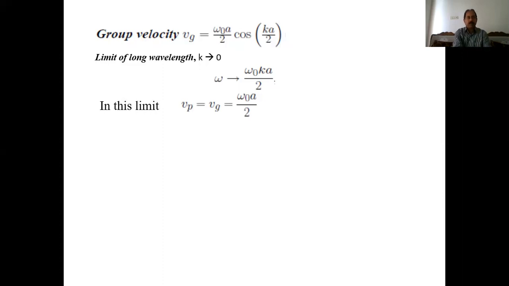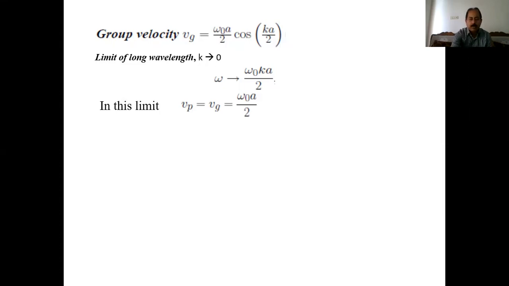Sorry, please revise this: what I have written is not proper. It should be ω0 a/2, because when k tends to 0 the cosine part will be 1. Then the expression for group velocity will be simply ω0 a/2. So we see that when k tends to 0, group velocity is ω0 a/2.